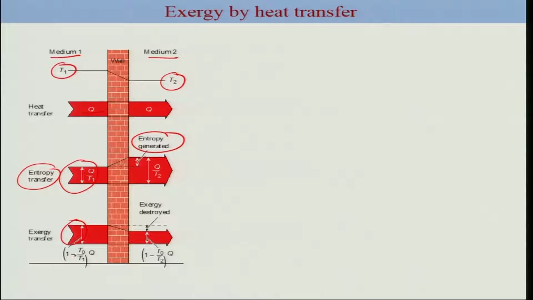Note that since T1 is more, this efficiency term is going to be more compared to the term where T2 is less. Thus your exergy is reduced here, or in other words, when you compare the exergy of medium 1 and medium 2, a certain amount of exergy gets destroyed. That means there is less useful work after the process, corresponding to the energy remaining in medium 2. So that was the case of exergy transfer by heat.